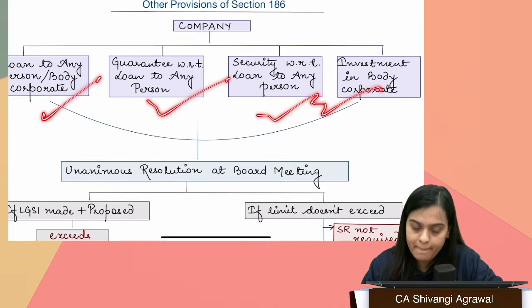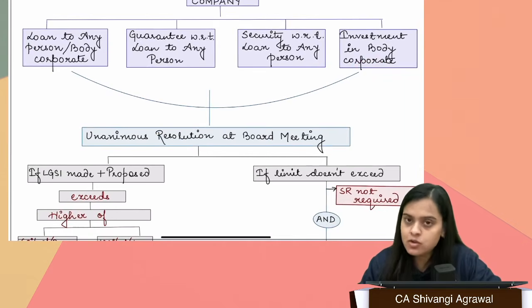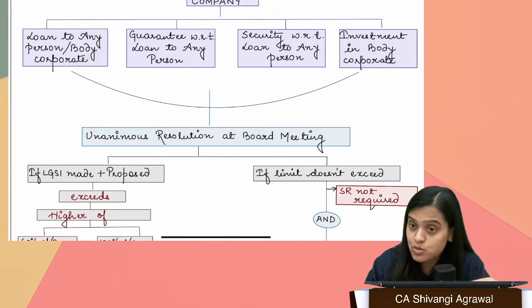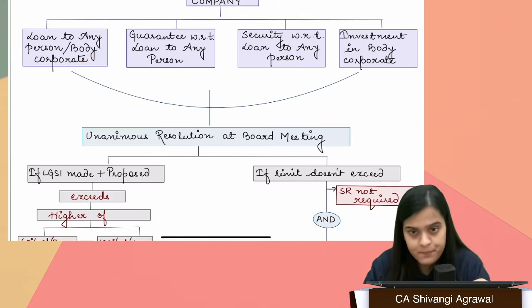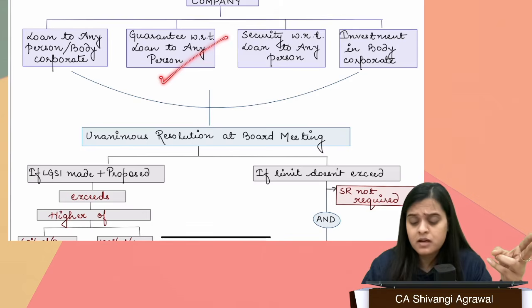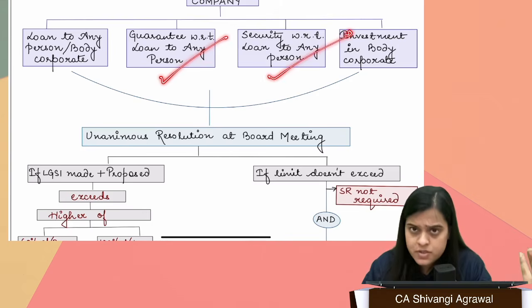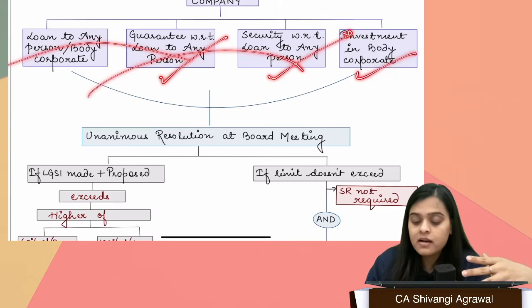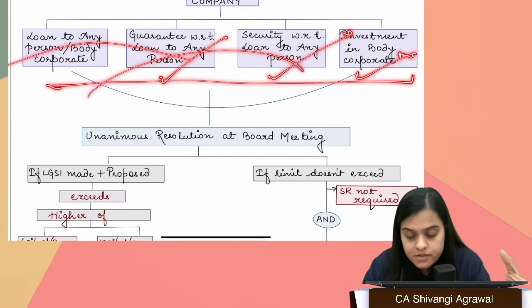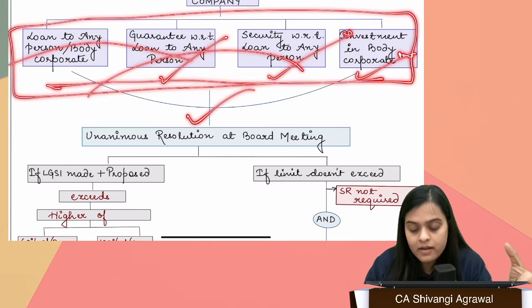Fine. Okay. Now we come to LGSI. So loan to any person or body corporate, other than the directors, because directors we have already read in section 185 and that's already covered, right? Then guarantee to any person, security to any person with respect to the loan, and investment in the body corporate. Whatever you are doing will require UBR.